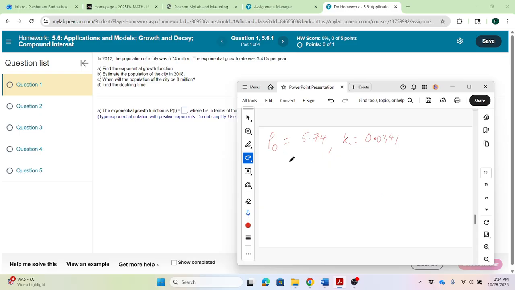Now we know the model: the population after time t is the initial population times e to the power kt. So, find the exponential growth function. It's 5.74 e to the power 0.0341t. That's the function we're looking for.